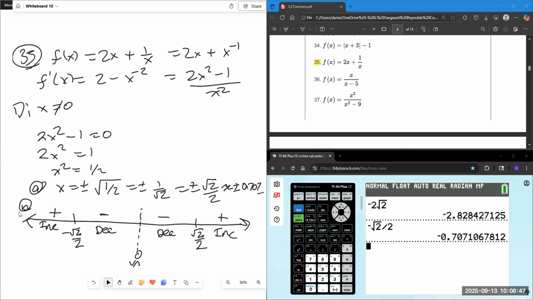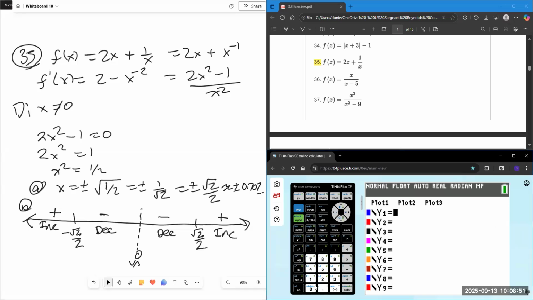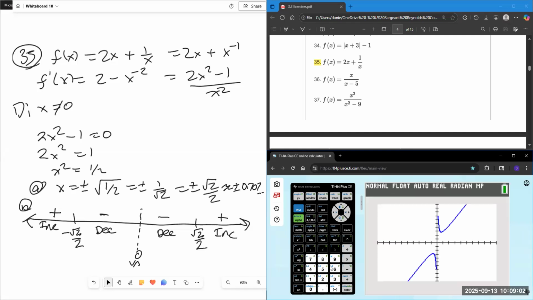And you may want to see that graph there. 2x plus 1 over x. Graph this just so you can see that we're increasing, then turn and decrease towards the asymptote, then decreasing towards this minimum value, and then increasing.